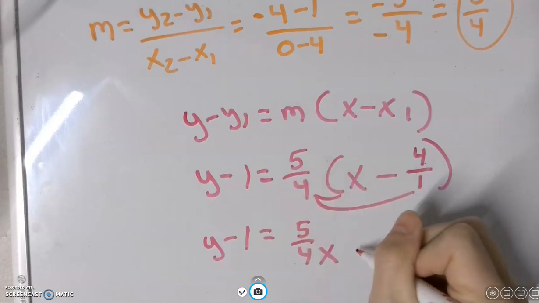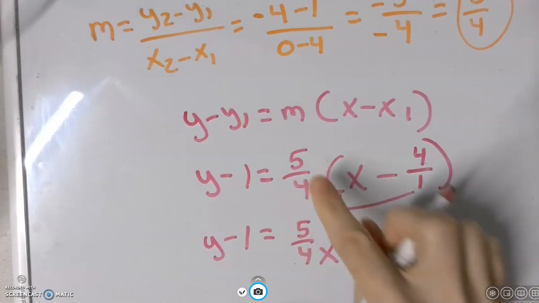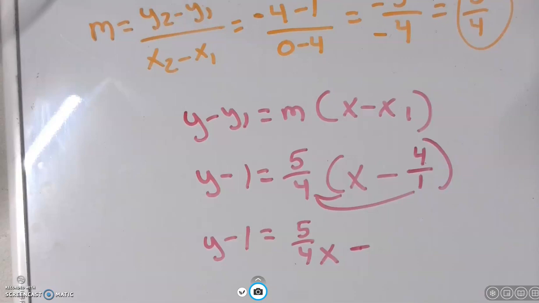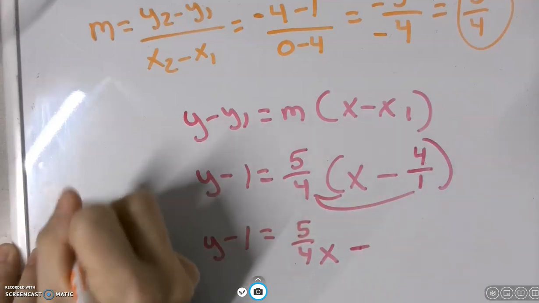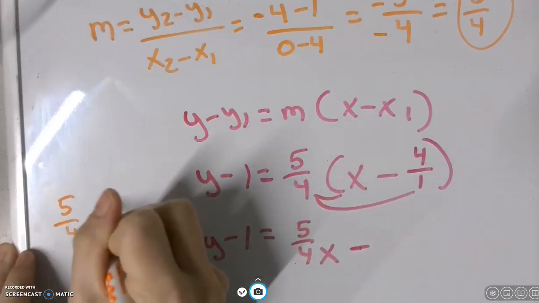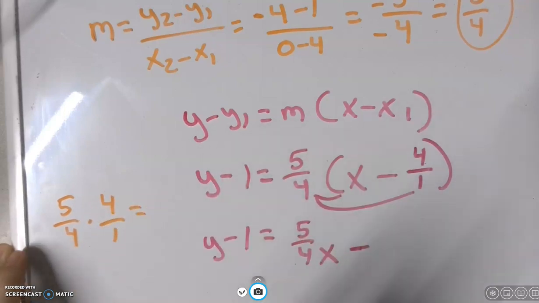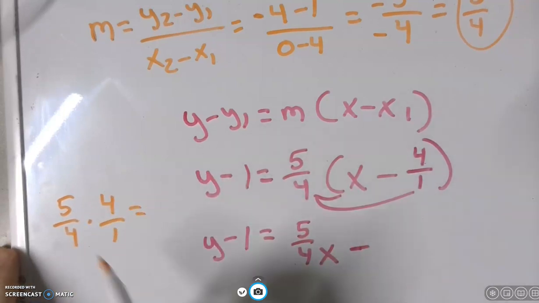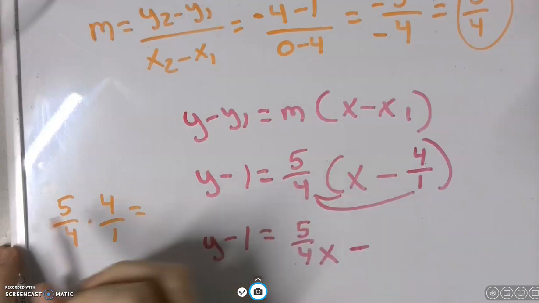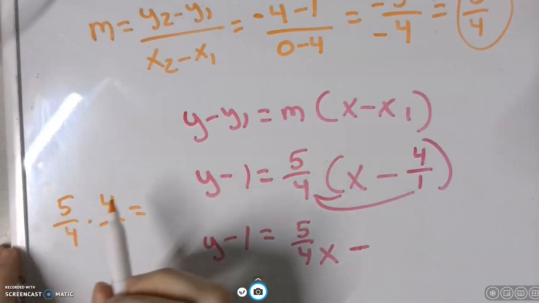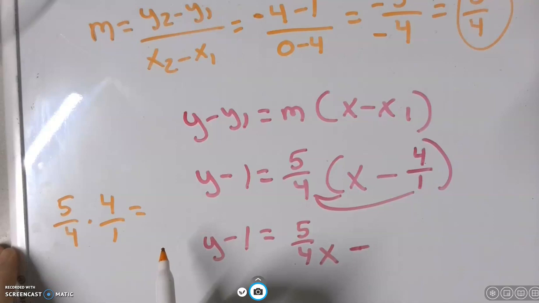Positive times a negative gives me a negative. 5/4 times 4 over 1, I'm just going to do over to the side to show you. You can multiply straight across, then divide, or we can cross cancel. If you multiply straight across, you get 5 times 4 is 20 over 4. 20 divided by 4 gives me 5.